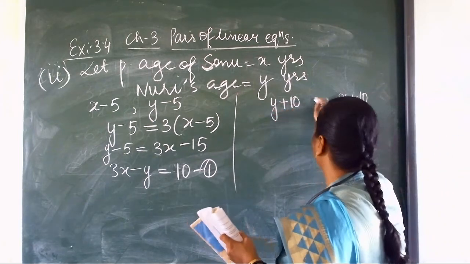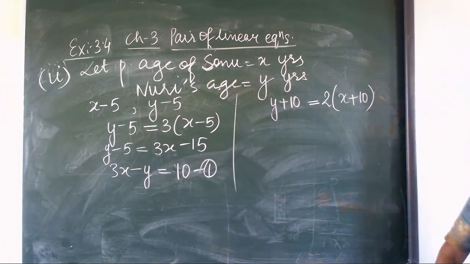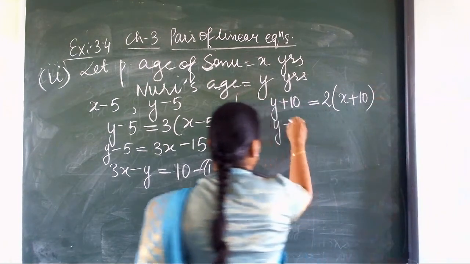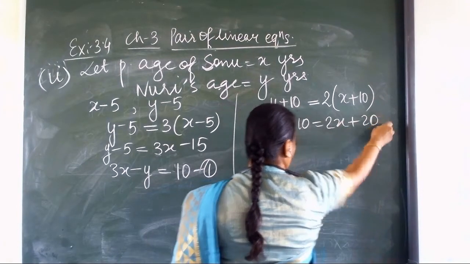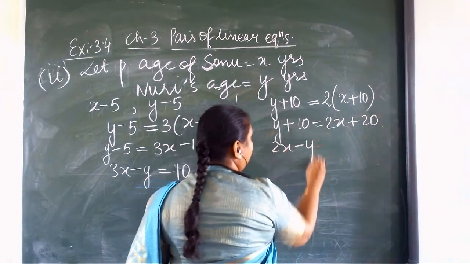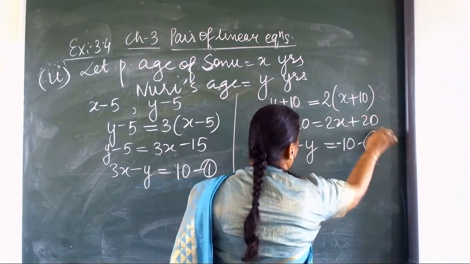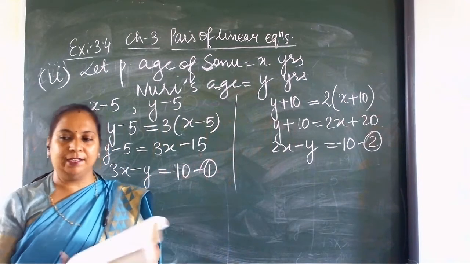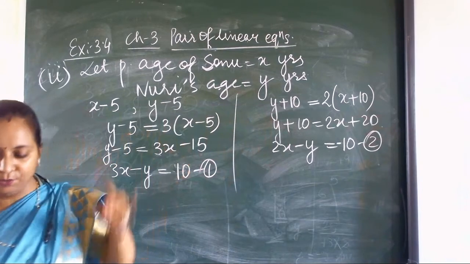So the age of Nuri is equal to twice the age of Sonu. This becomes the second equation. Now simplify it. y plus 10 is equal to 2x plus 20. 2x minus y is equal to minus 10. This is your second equation. Now you solve the two equations by the elimination method and find the age of Sonu and Nuri.